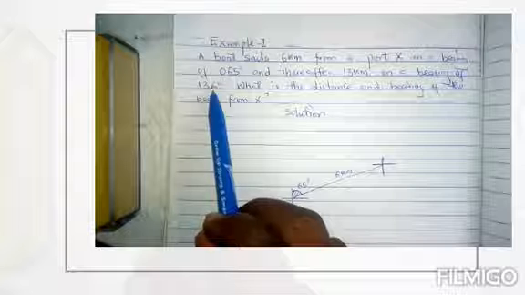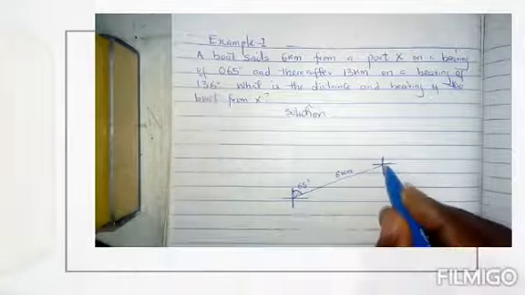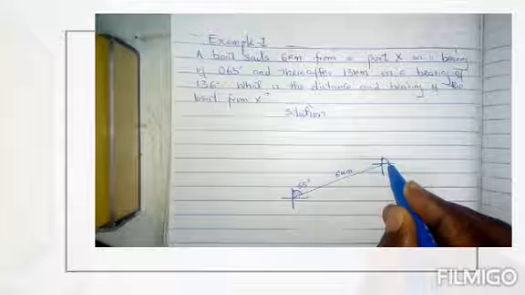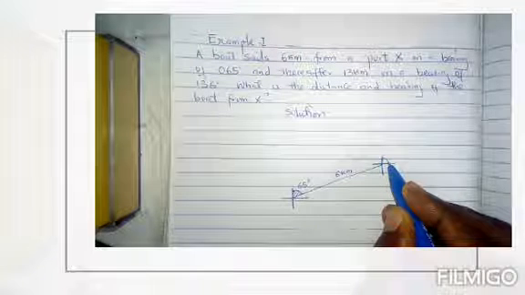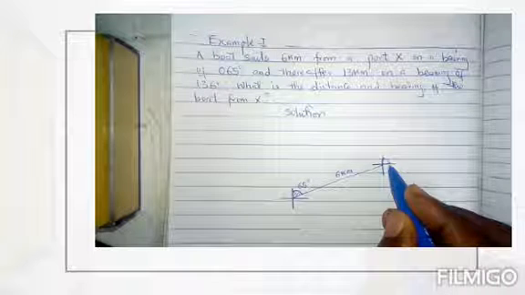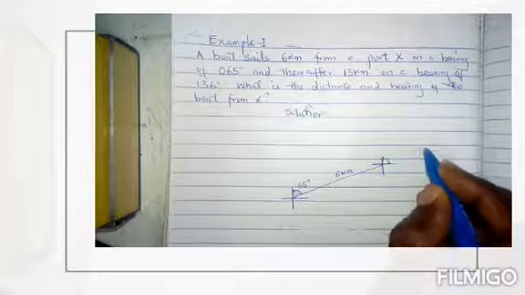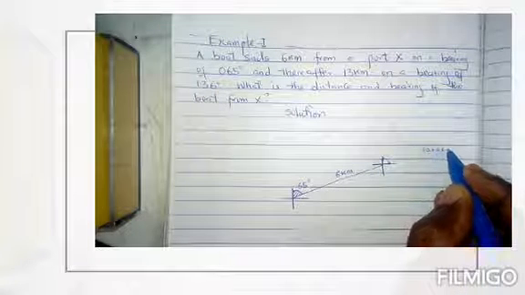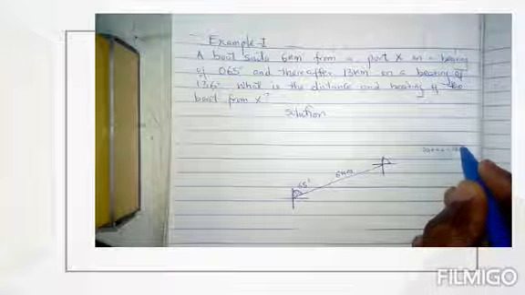So I'm going 136. So at this point, from north to here is 90. Now for me to get 136, I need to add an extra 46 to 90. 90 plus 46 will give me 136. That is the angle I need to cover.